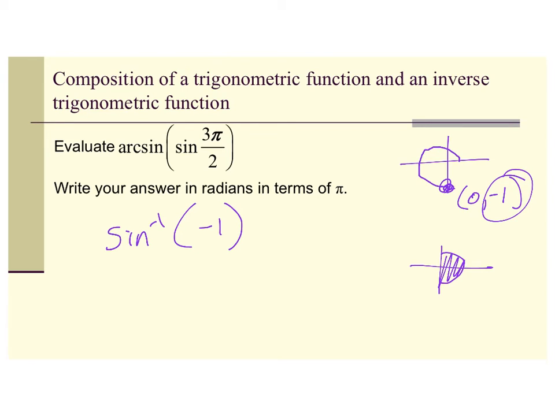Everybody remember that. Okay, so negative 1 is down here. So the answer is actually negative pi over 2 because it's down there. So that would be my answer.